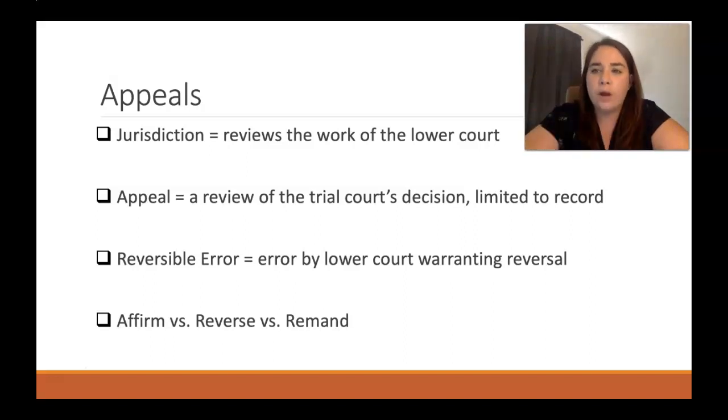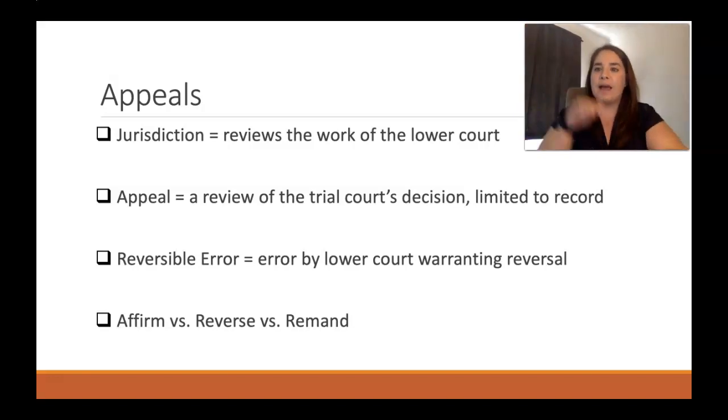It's based purely on the trial court record, so you'll probably hear "for the record, Your Honor," sometimes in television shows. When we talk about the record, we're talking about the evidence that was taken at the trial court level. So the appellate court very rarely, if ever, hears additional evidence. It's all based on what the lawyers and the trial judge did at the trial court level.